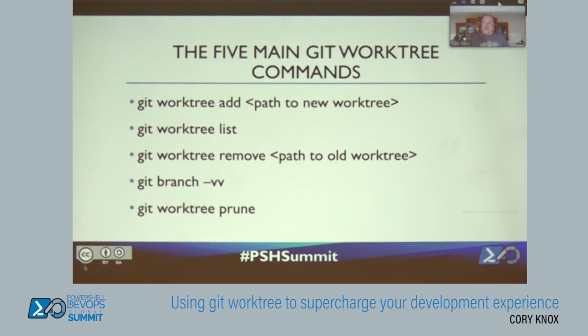So those are git worktree add, worktree list, and worktree remove, which are the main work tree ones. And then git branch -vv to list everything out in plenty of detail.